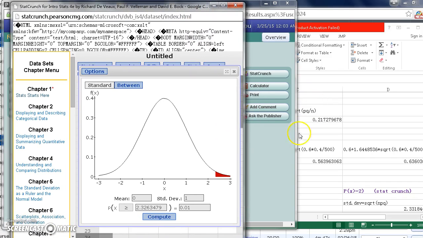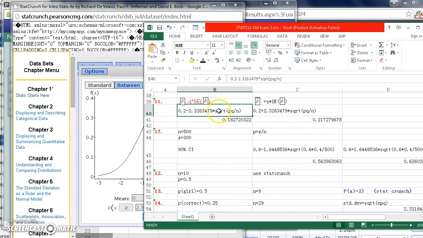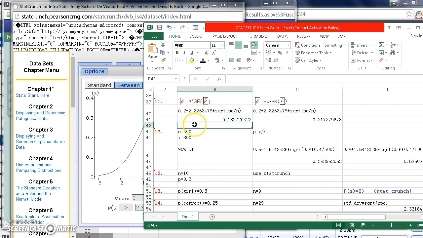I already copied it here. And then we need to calculate the square root of this. This is how I calculate it: the equal sign, p hat 0.2 minus z times the square root of pq over n, and you hit enter.